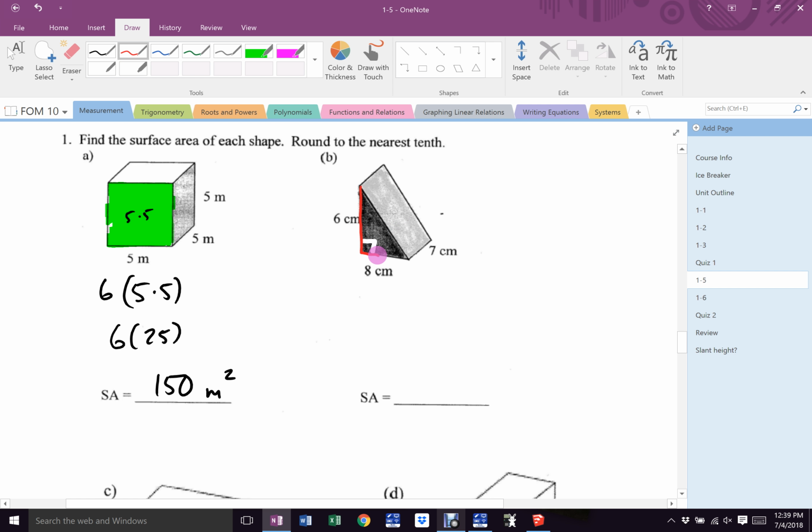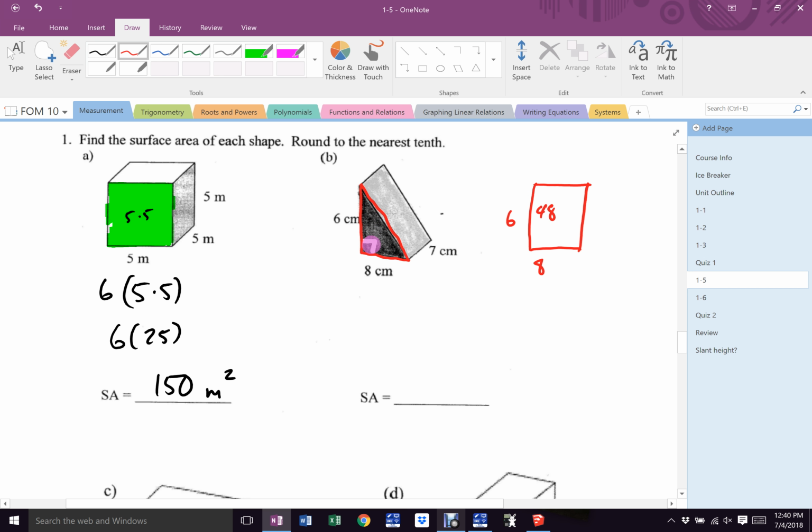Now, this one I talked about on the back board. There's that triangle, which is 6 by 8. And then on the back side, that triangle exists again, 6 by 8, which makes the front and the back a rectangle, which is, of course, 48.